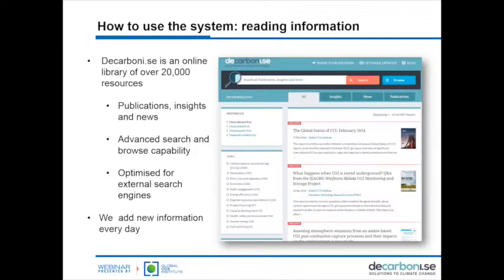Think of Decarbonize as quite an advanced library where you've got fairly sophisticated search and browse capabilities for this information, and we've really optimized the approach for external search engines. What we're trying to do is reach our audience, which primarily comes in through search or social media channels, in the most effective way. And like I said, we're adding new information to the platform every single day. We're not trying to be a general purpose aggregator site that's not going to provide value to our users.